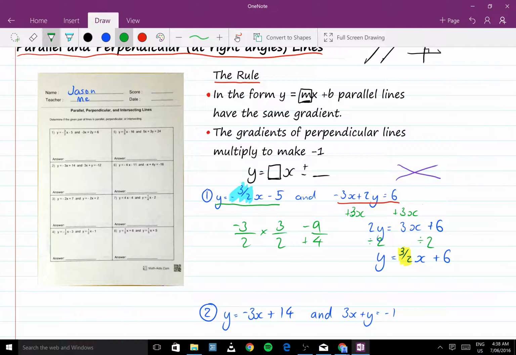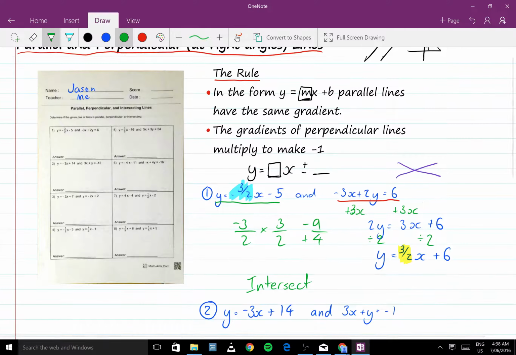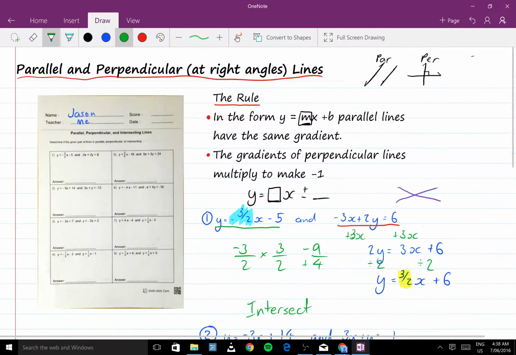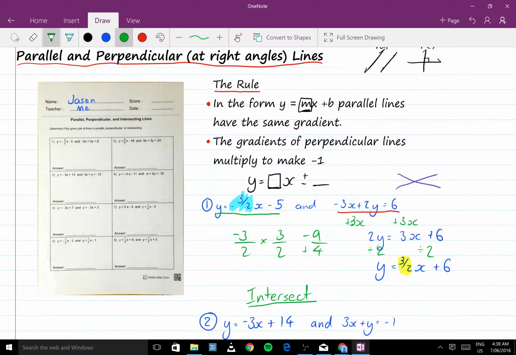Okay, so that's the answer to that one. They intersect. They do not cross at perpendicular, and they're not parallel. And that's your answer to that question.